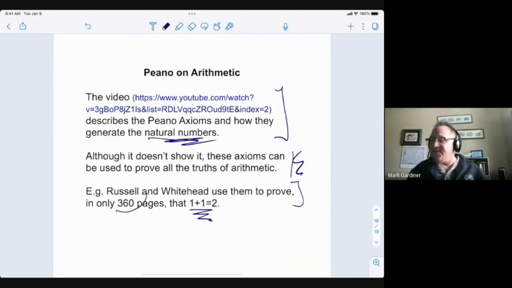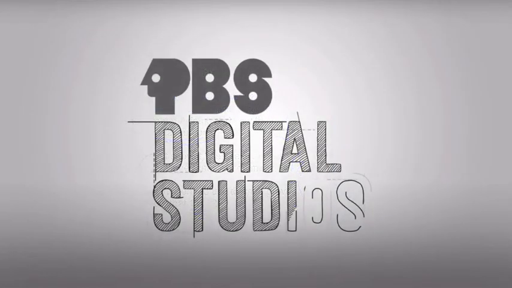But it's interesting that it took them 360 pages, starting from just Peano's axioms, to be able to prove that, which was regarded as one of the major achievements in logic and math and computing science in the 20th century. So much so that Russell goes on to win a Nobel Prize for Literature as a result of that. So I'll switch screens again and we'll take a look at that.